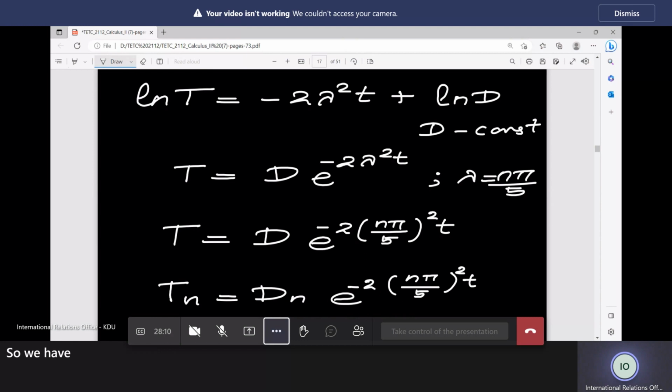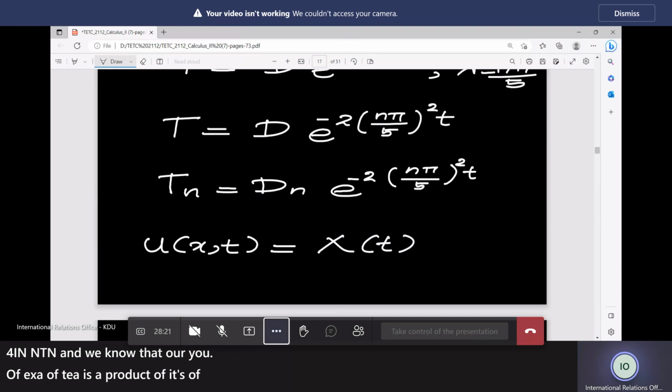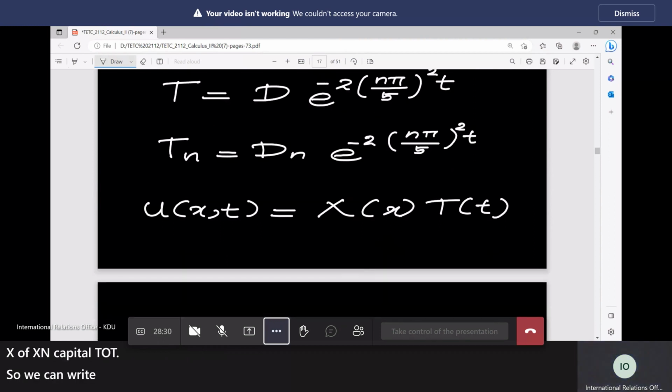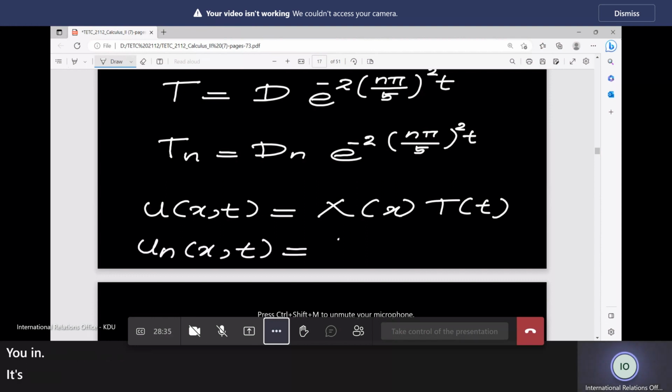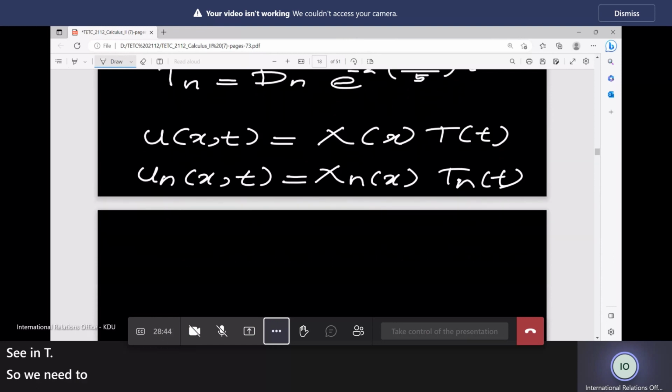So we have obtained separate expressions for Xn and Tn, and we know that u of x, t is a product of X of x and capital T of t. So we can write un of x, t equals Xn times Tn. We substitute the results from the earlier two steps.